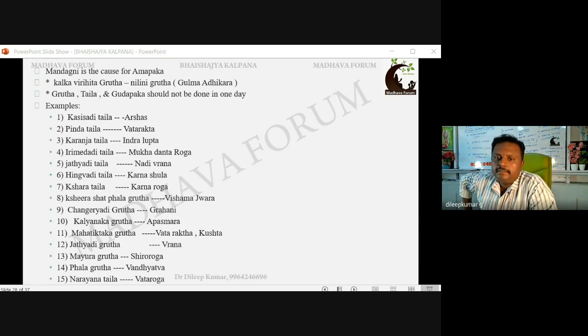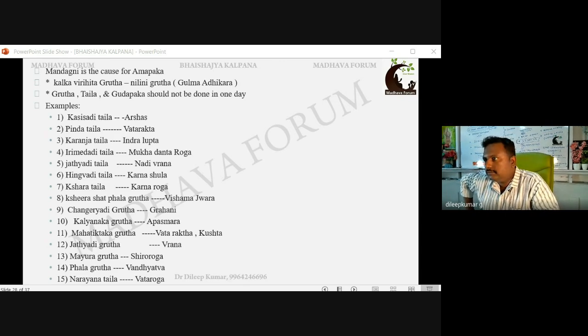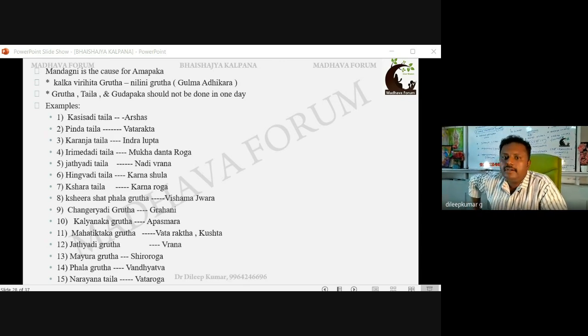Okay. So in olden days, we used Prakshepakas. Nowadays, we are using modern chemicals as preservatives. In our syllabus, there are some questions about modern preservatives used in eye drops, external applications, ointments, especially in kashayas.